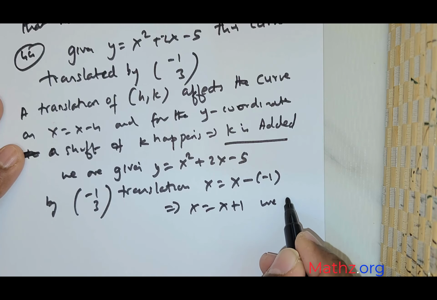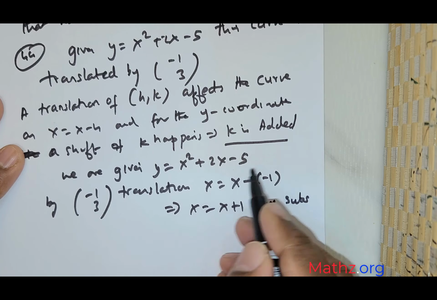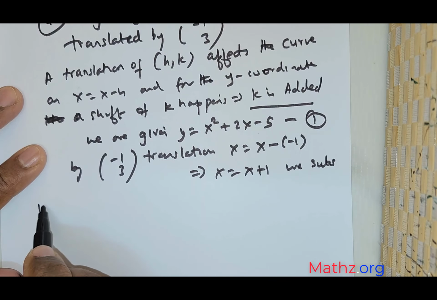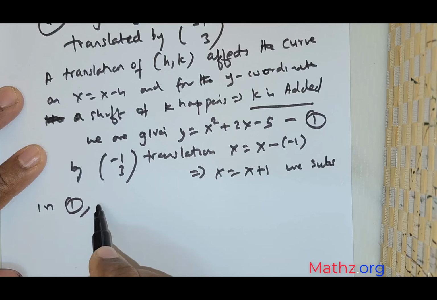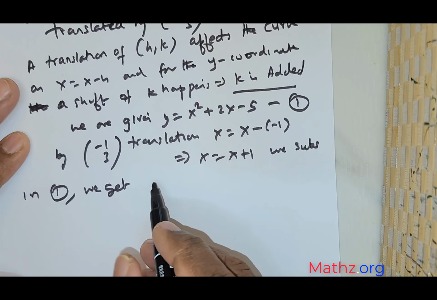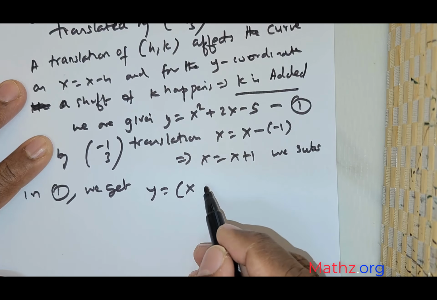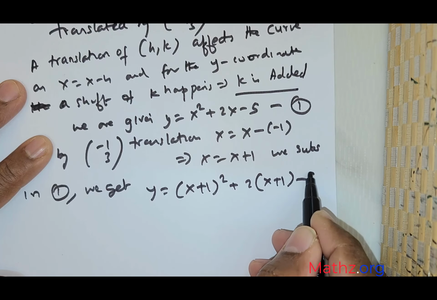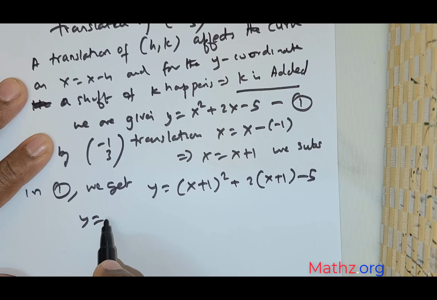We substitute this. We get y = (x + 1) squared + 2 times (x + 1) - 5. Expand this.